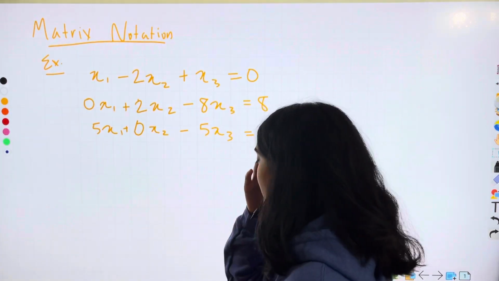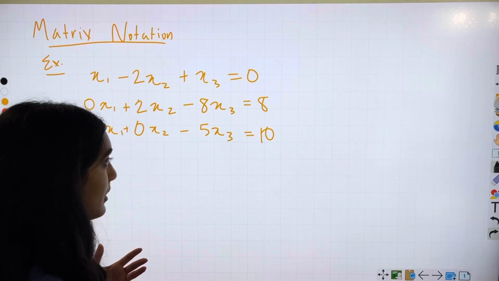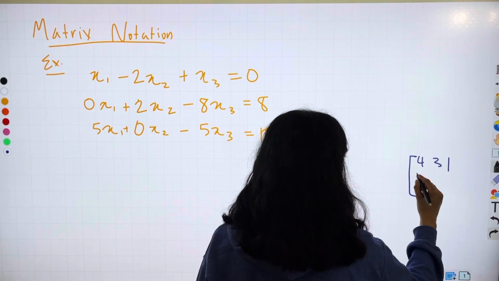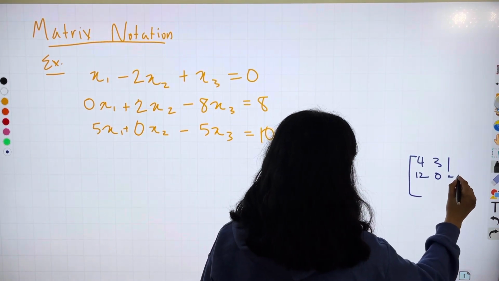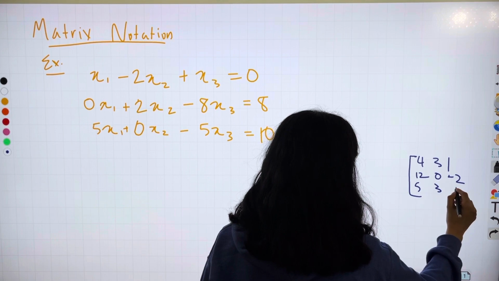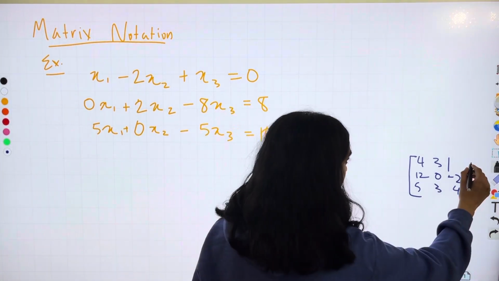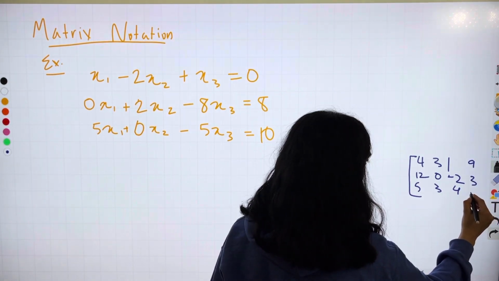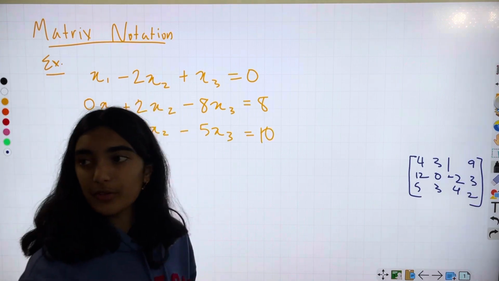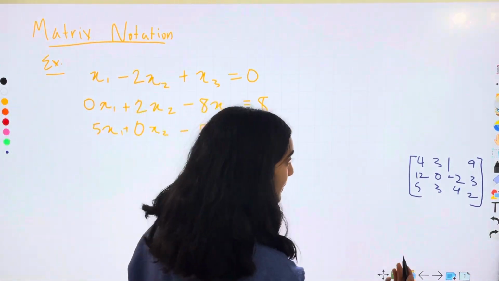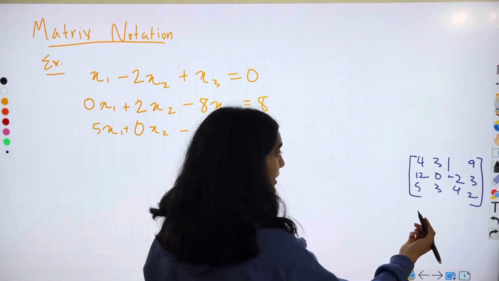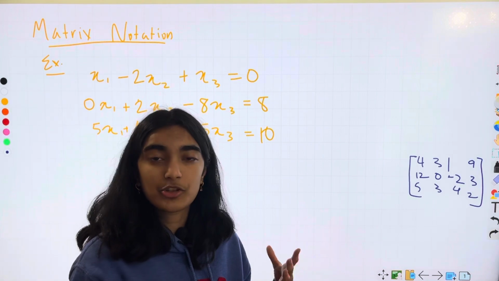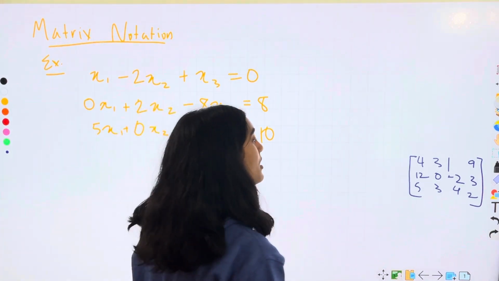This is what I mean: maybe 4, 3, 1, 12, 0, negative 2, 5, 3, 4, and 9, 3, 2. Hopefully you can see that. This is just a rectangle of numbers, a structure that will hold those numbers for you.